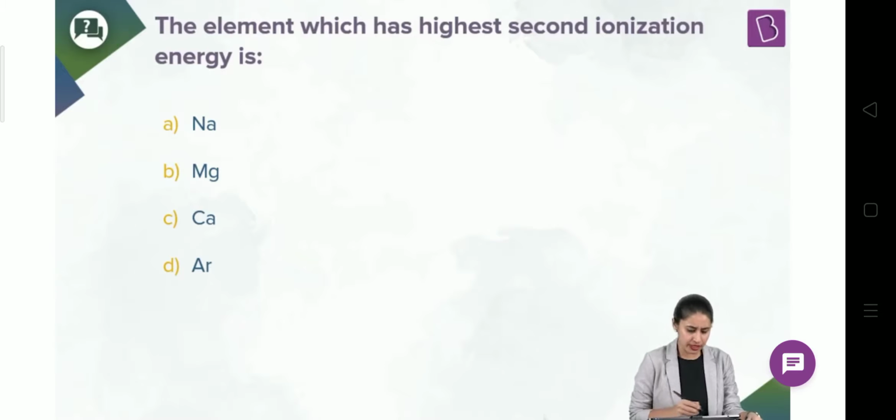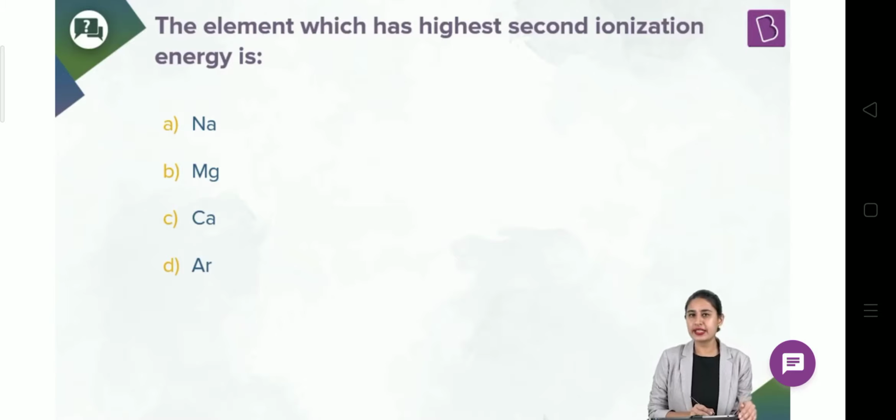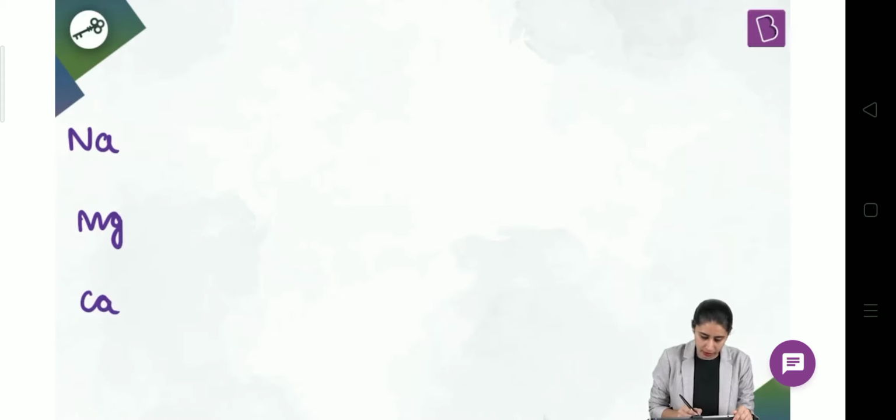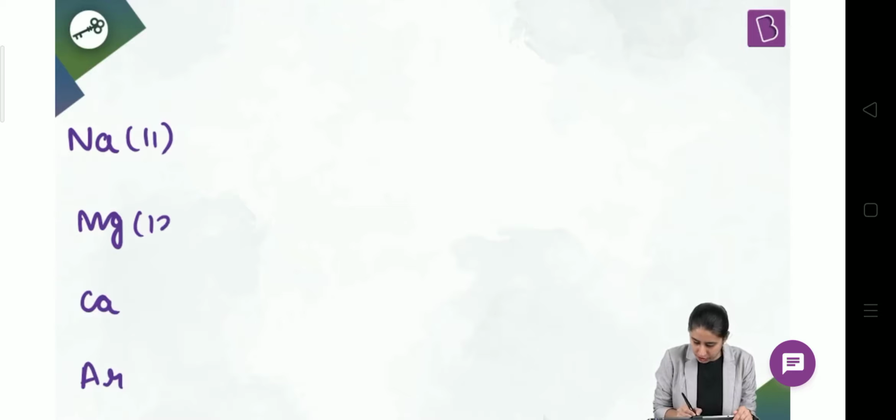It should have been argon, but for understanding's sake, let's write down the electronic configurations for sodium, magnesium, calcium, and the last one, argon. 11, 12, 20, 18. Let me write down the electronic configurations.